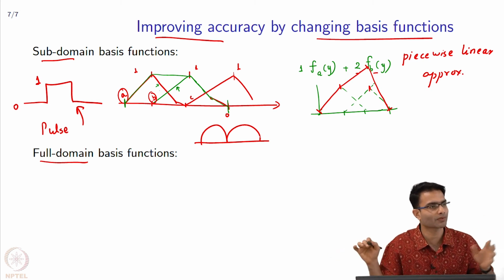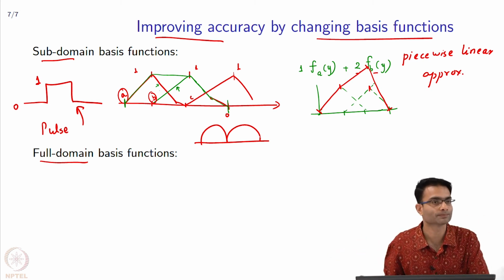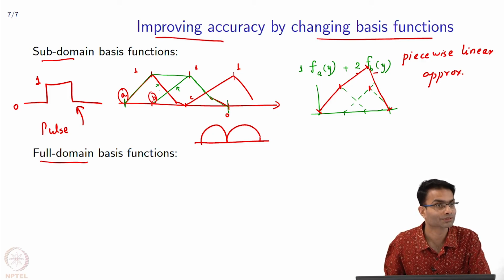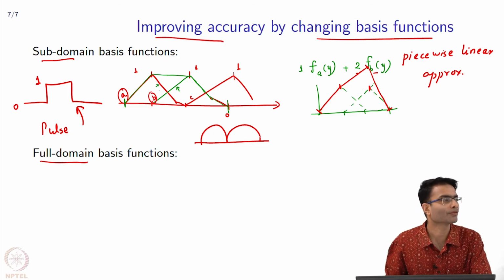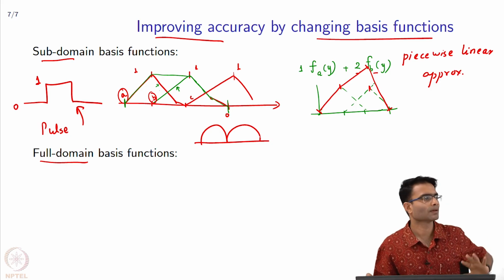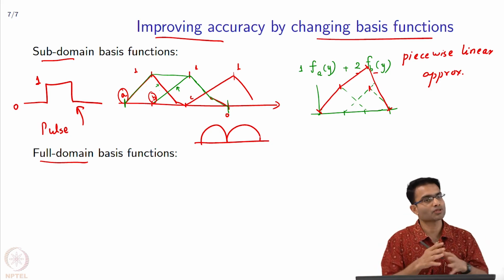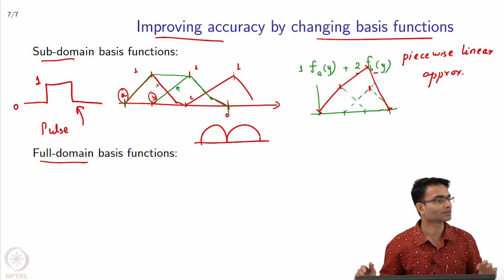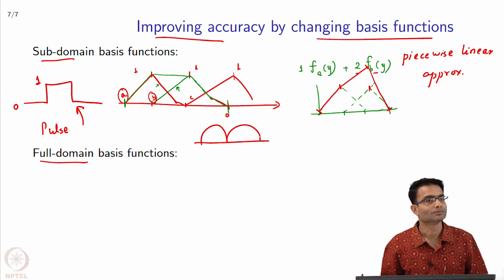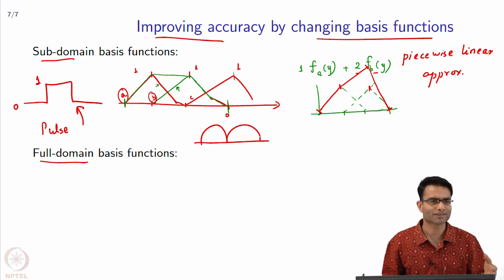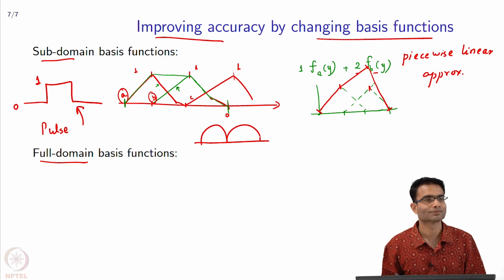Any guesses for one very popular full domain basis function? Cos or cosh. You've all studied it in first year of engineering. Full domain means the basis function is non-zero everywhere in the domain. Sinc is more complicated, something simpler. What about combinations of sines and cos?